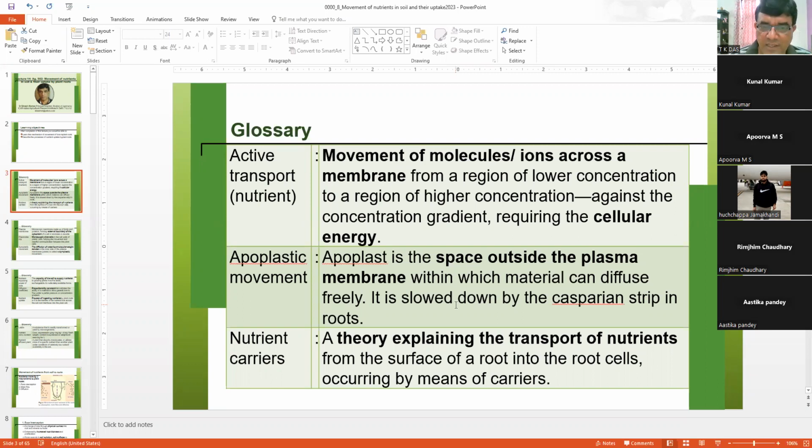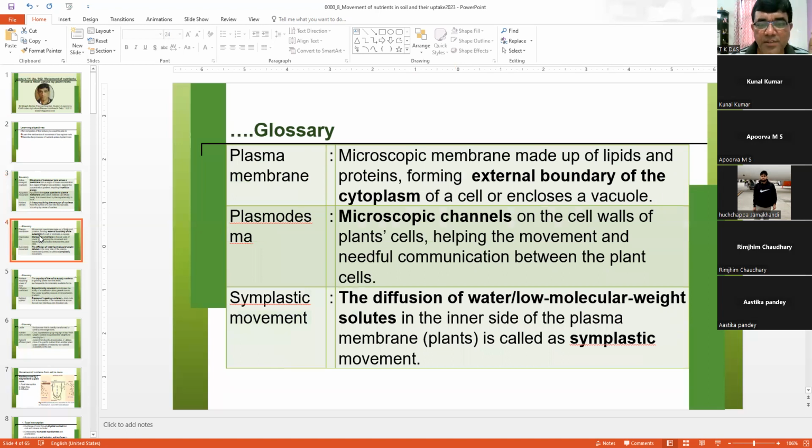Nutrient carriers: a theory explaining the transport of nutrients from the surface of roots into the root cell through various nutrient carriers, occurring by means of carriers. Plasma membrane: a microscopic membrane made up of lipids and proteins forming the external boundary of the cytoplasm of a cell or enclosing a vacuole.